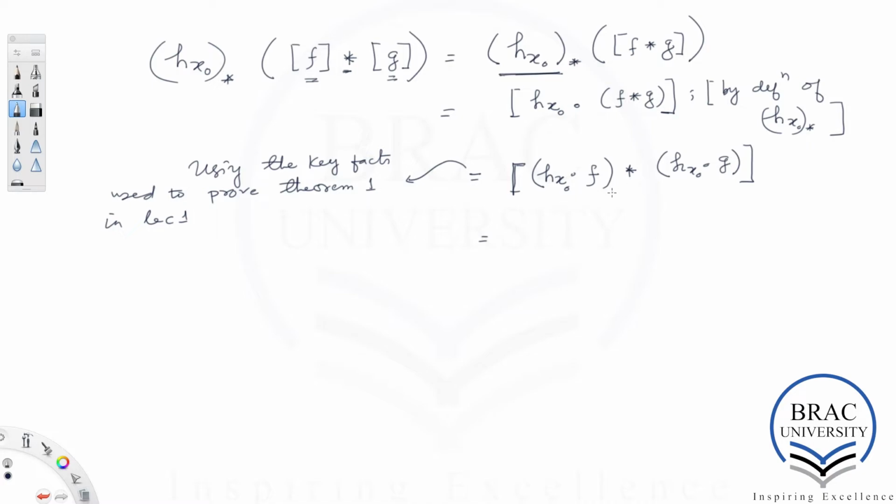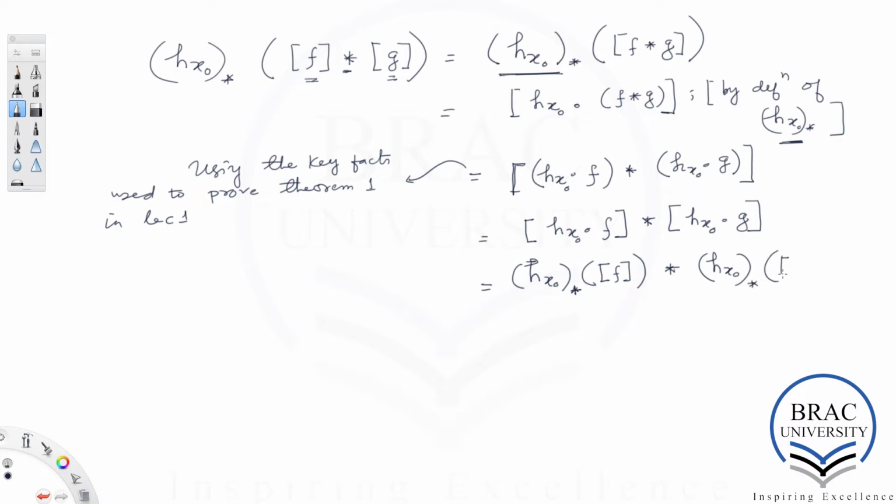Again, by using the well-definedness of this product, we can write it as the class of h sub x0 composed with f, star, the class of h sub x0 composed with g, which again, by using the definition of h sub x0 star, gives h sub x0 star acting on the class of f, star, h sub x0 star acting on the class of g.